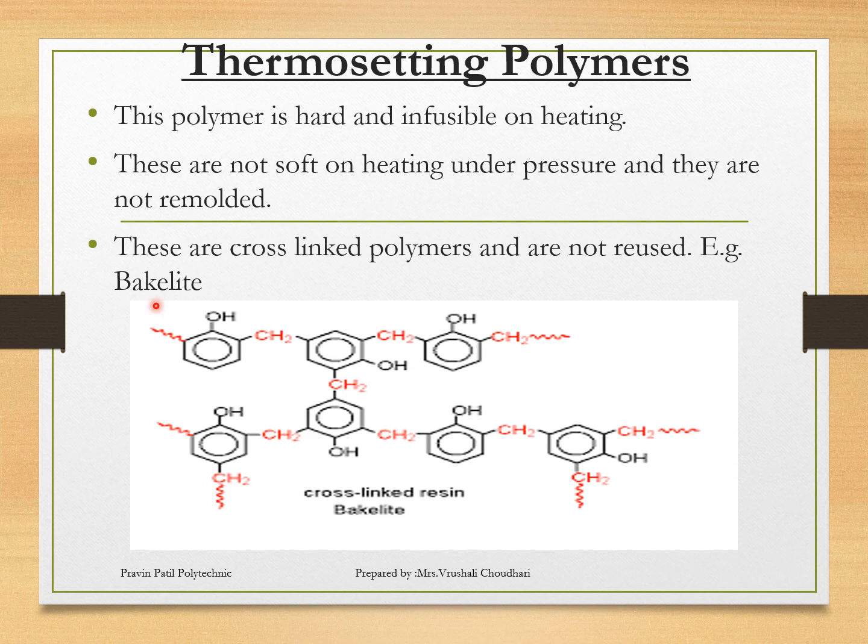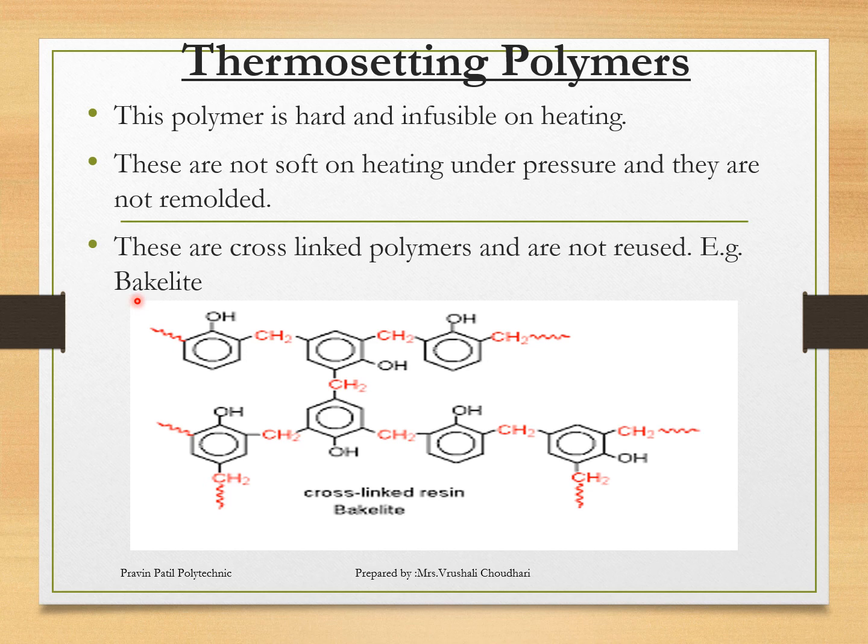But if we used PVC or polythene to make a cooker handle, what would happen? As the temperature increases, the handle becomes soft. That is not acceptable. Therefore, for making cooker handles, we use bakelite.